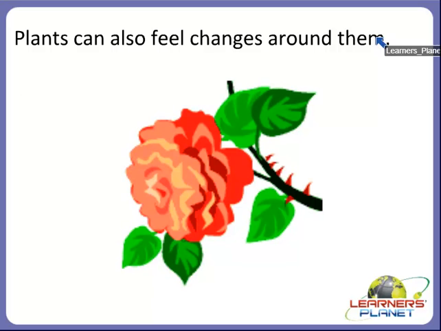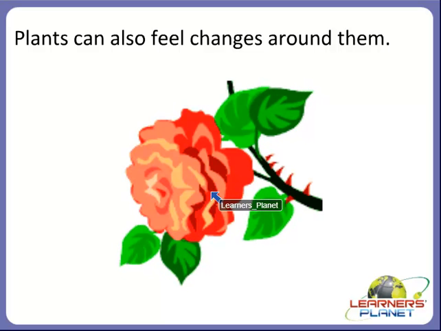Yes, in the previous session we studied about this. You already know that the touch-me-not plant feels a touch, and even the lotus flower opens out at sunrise and closes at night. Yes, children?